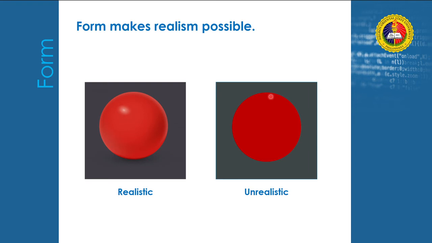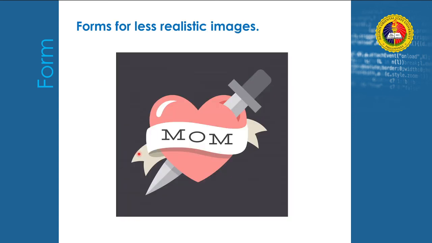Okay. So again, what makes this form realistic is the light, shadow, and perspective. We can also create forms for less realistic images. So let's take a look at this example that we have here. These are just flat designs, right?